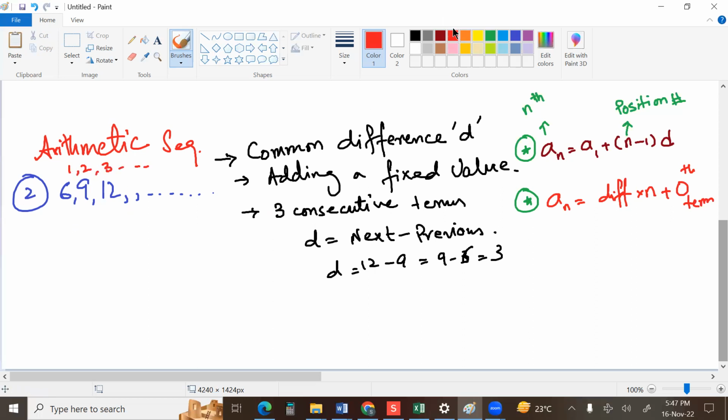What is happening to the first term to get to the second term? The first term is increased by 3. Similarly, the second term is increased by 3 to get 12. So we know that the common difference is 3. You can see the arrows. If from first to second you have to move by addition of 3, how would you go backwards to find the zeroth term?